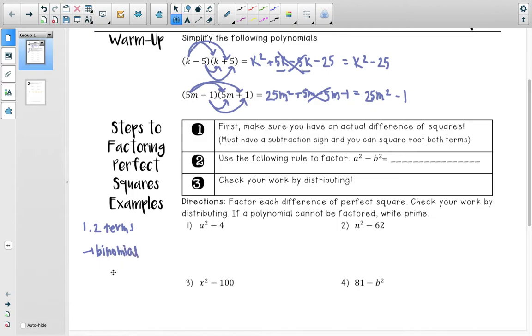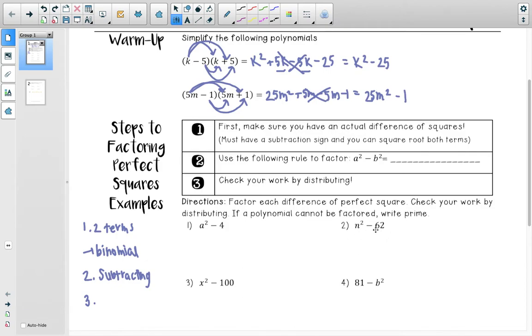The next thing you should notice is that on every single one of these problems, they're subtracting. Okay, so those are the 2 most obvious. And here's the third thing that you should notice, hopefully, and if you don't, that's okay. But every single one of these terms, you can take the square root of them, okay?